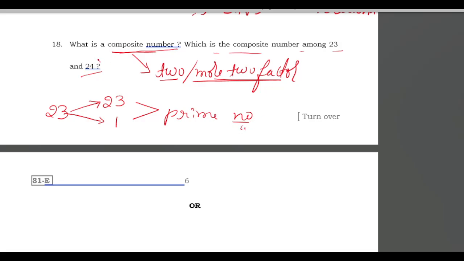Another number they gave is 24. 24 can be divided by many factors.